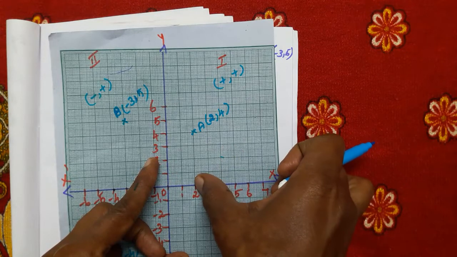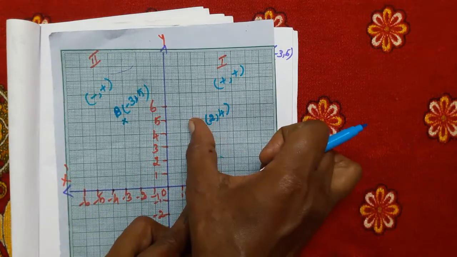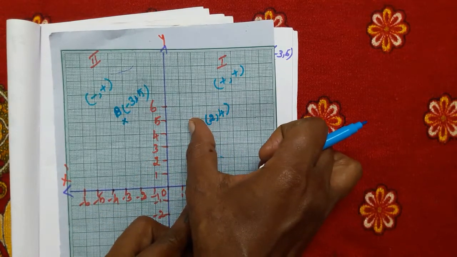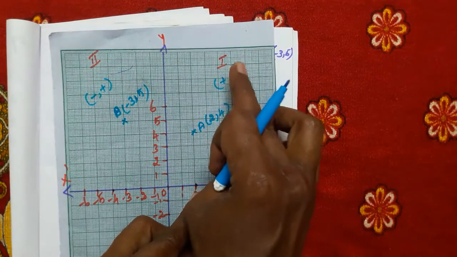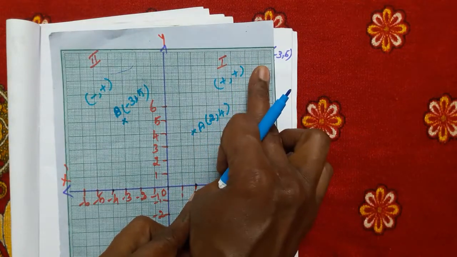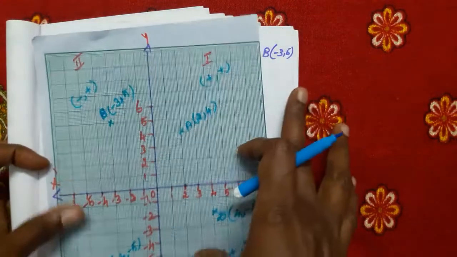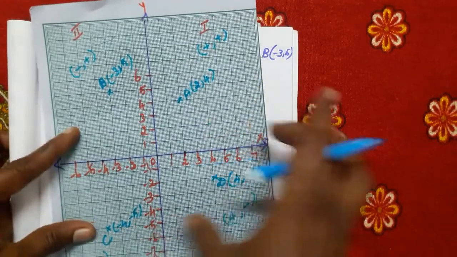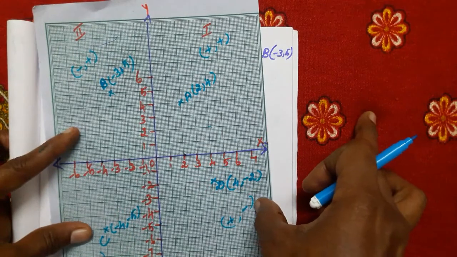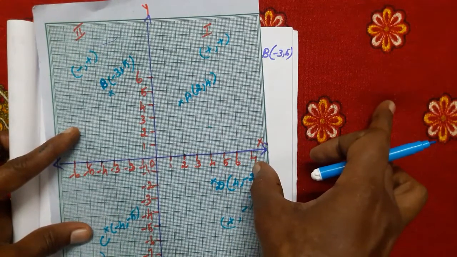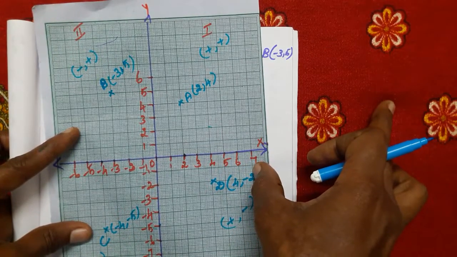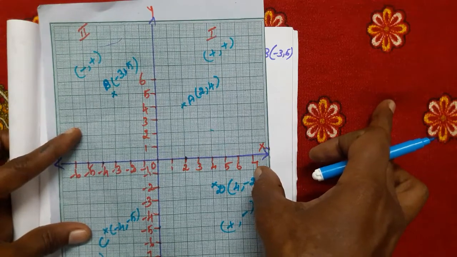First the x coordinate. Both coordinates positive means first quadrant only. Negative, positive means second quadrant. Negative, negative means third quadrant. Positive, negative means fourth quadrant. Any doubt here? No doubt now? Okay.